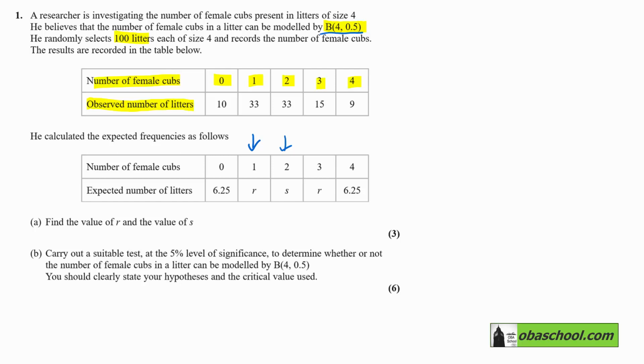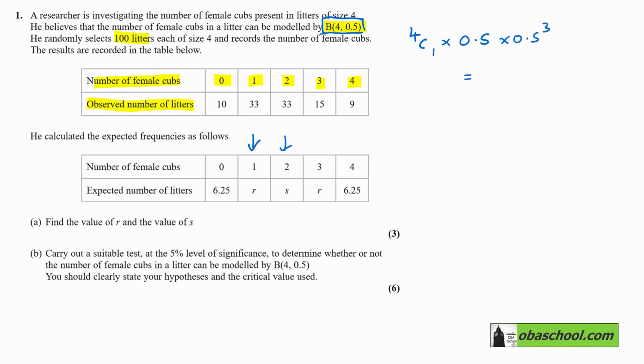So we want the probability that under the binomial model, there's 1 female cub. Now you can do that if you have a calculator that will calculate that for you. You can do it just on a scientific using 4 choose 1 times 0.5 times 0.5 cubed, which of course just becomes 0.5 to the power 4.